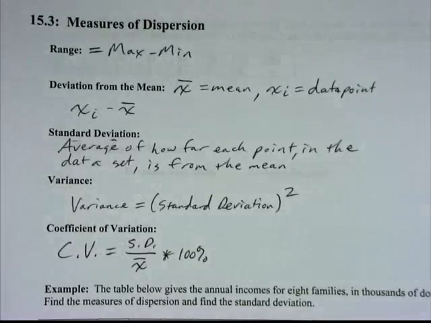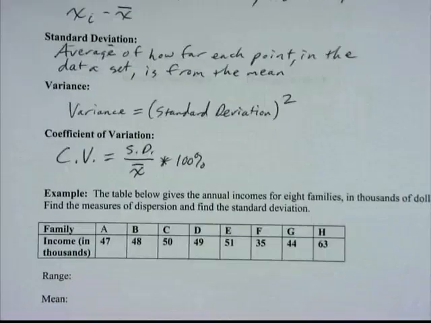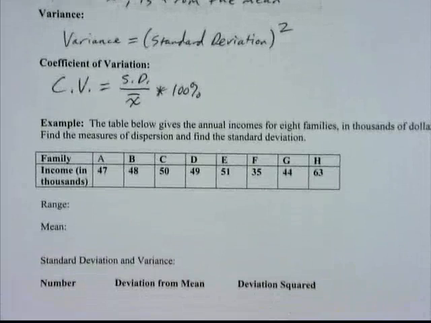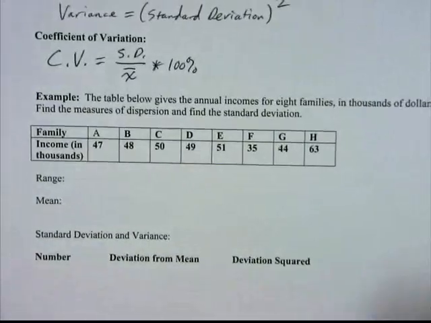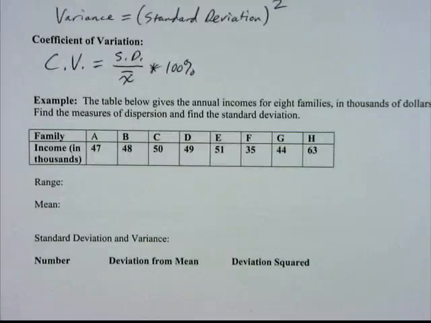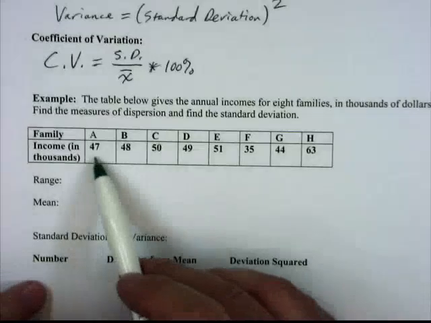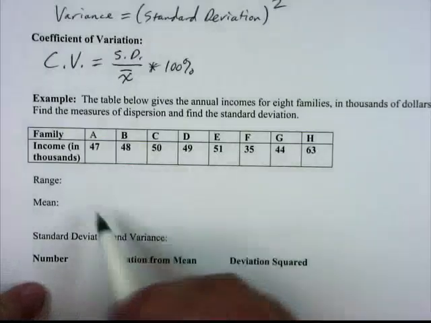All right, so let's look at an example here. The table below gives the annual incomes for 8 families in thousands of dollars. Find the measures of dispersion and find the standard deviation. So if we look at our numbers here, the range is real quick and easy.